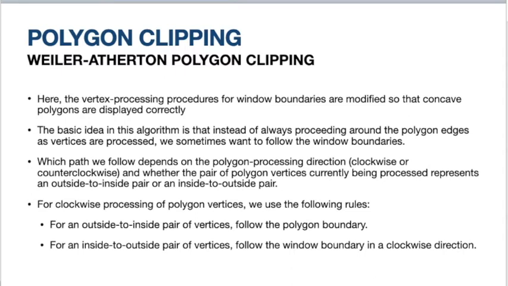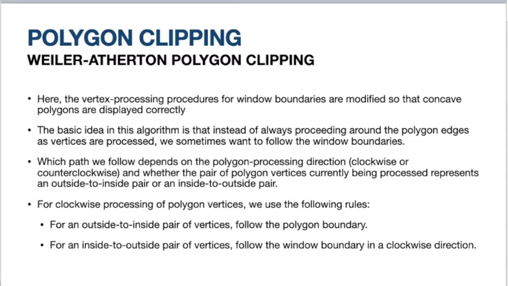Which path we have to follow depends on the polygon processing direction and whether the pair of polygon vertices currently being processed represents an outside to inside pair or an inside to outside pair. The polygon processing direction can be clockwise or counterclockwise. For a clockwise processing of polygon vertices, we use the following rules.